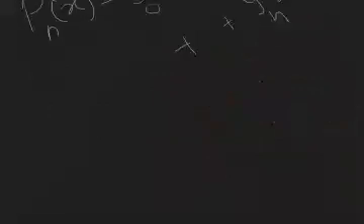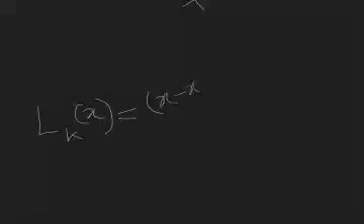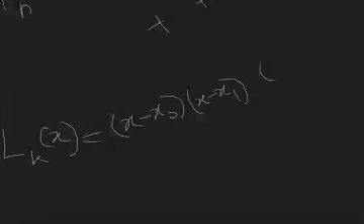So in general, if you have L sub k of x, this basis function would be the product of these factors: x minus x naught, the first point, x minus x1, and so on, up to x minus x k minus 1.